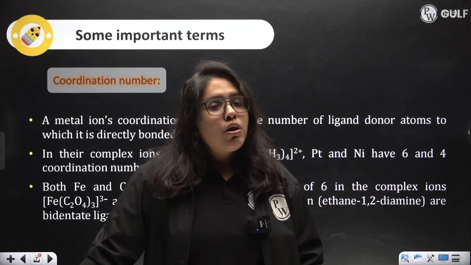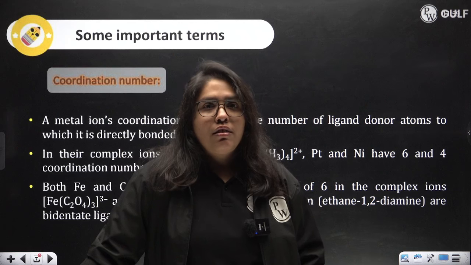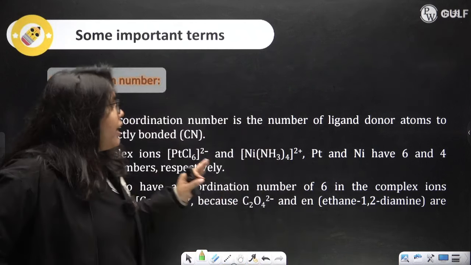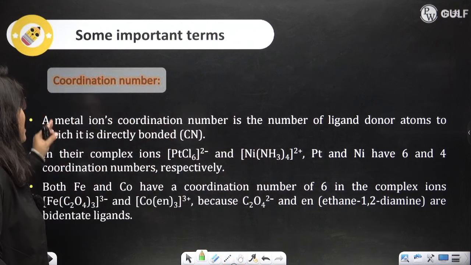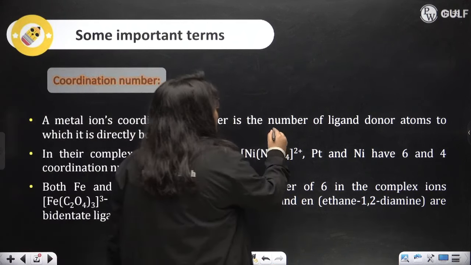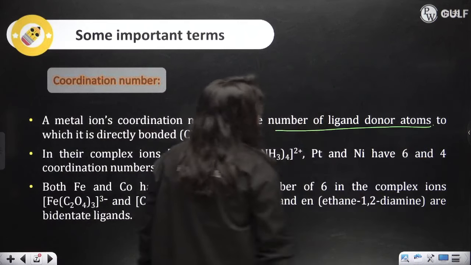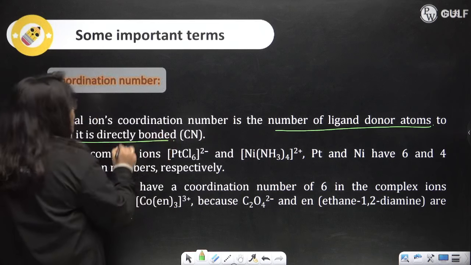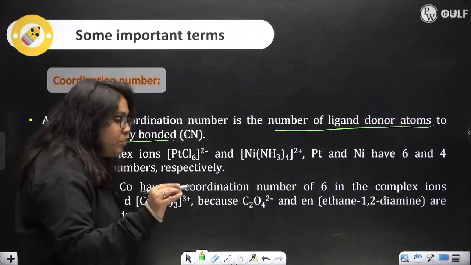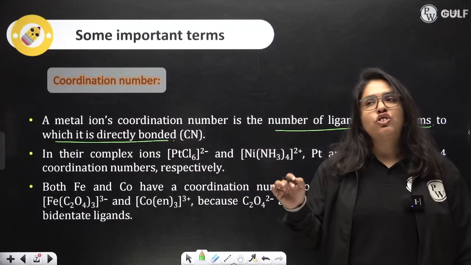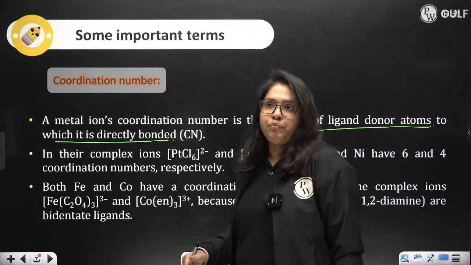But what did we focus on in the term? Fixed. Now, coordination number talks about this. A metal ion's coordination number is the number of ligand donor atoms to which it is directly bonded. And let me tell you, this particular coordination number is fixed.